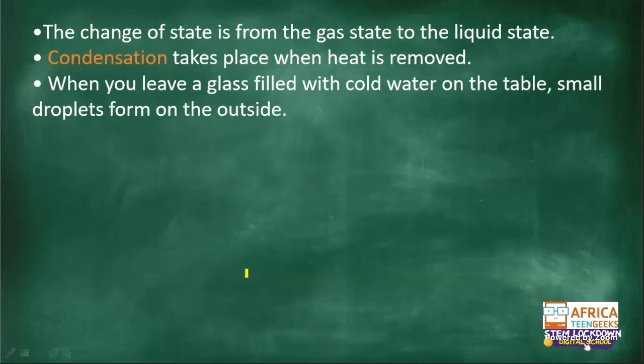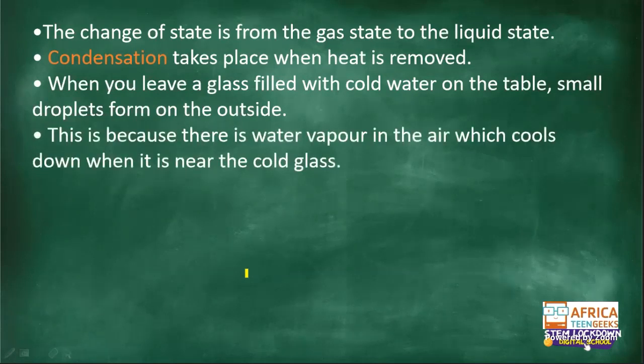When you leave a glass filled with cold water on the table, small droplets form on the outside. You guys know if you have a nice, very cold Coke that you took out of a fridge at some shop and you put it on the table outside, especially when it's a really nice and hot day, then when you pick up that Coke, it will be wet and you will feel the droplets on the side.